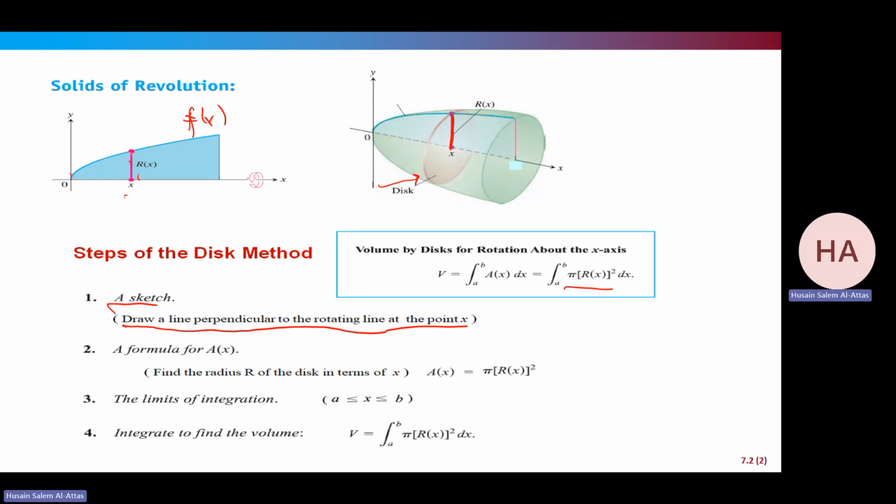Then we have a formula for the area, which is the radius R, in this case only R of the disk in terms of x. So the area will be pi R squared. The limits of integration will be from here to there, or from a to b. And then we'll integrate to find the volume. Volume will be the integral from a to b of pi R squared.